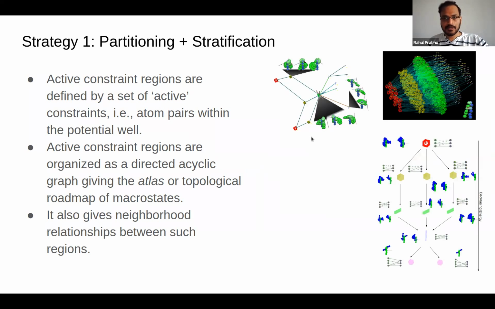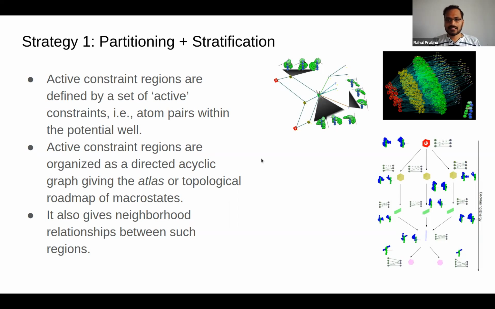The first strategy we employ is, because this configuration space is very not nice, we first partition the configuration space into what we call active constraint regions.